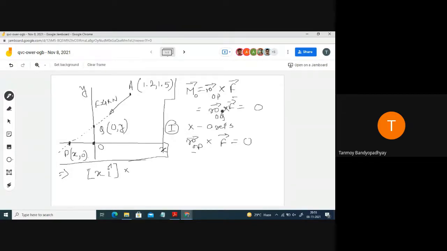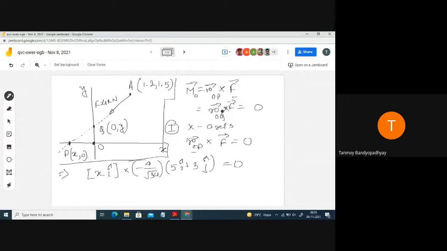So vector F was what we got. What was vector F? Vector F was something like minus 4 by root 34, and inside the bracket you will have 5 i cap plus 3 j cap.